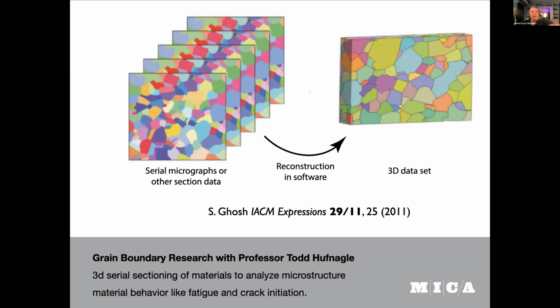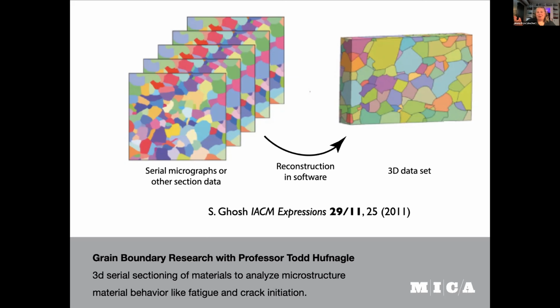Those little different forms that you see there are called grains, and that represents the molecular structure of these materials. And then they reconstruct it in digital software so that they're able to manipulate it and study the individual grains. What they're most interested in is what's called grain boundaries. So the way that those map-looking forms touch each other at those spots, that's where they can learn a lot about fracture and how a material breaks or doesn't break.